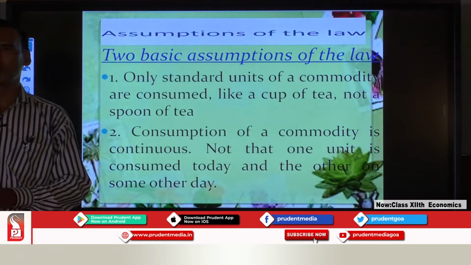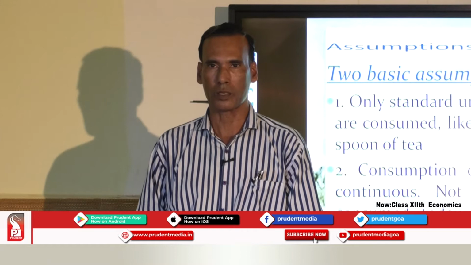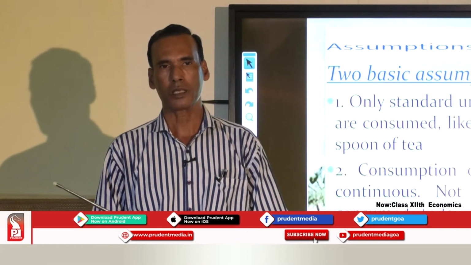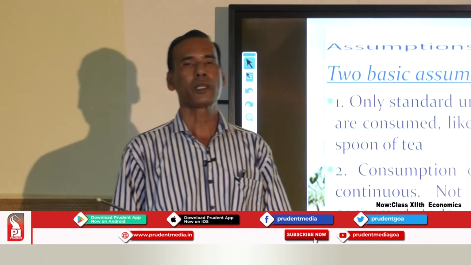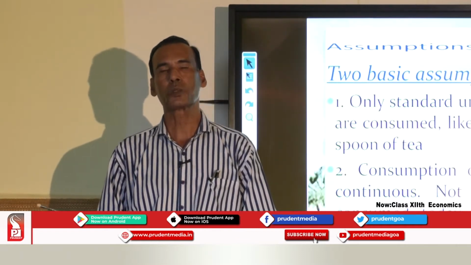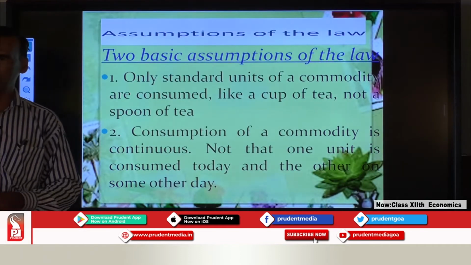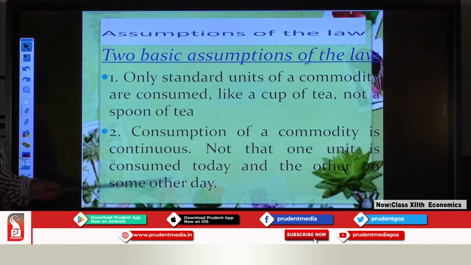Now, assumptions of this law. There are two basic assumptions to this law. Now, what are assumptions? Assumptions are the statements used to support a theory. In case of the law of diminishing marginal utility, there are two main assumptions.